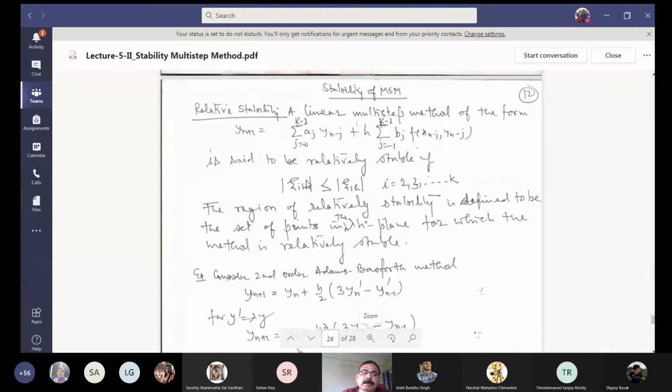So if the magnitude of xi_ih is less than or equal to the magnitude of xi_1h, that is the principal root, and all other roots, the extraneous roots, are less than or equal to xi_1h, then it is very obvious that they are bounded.